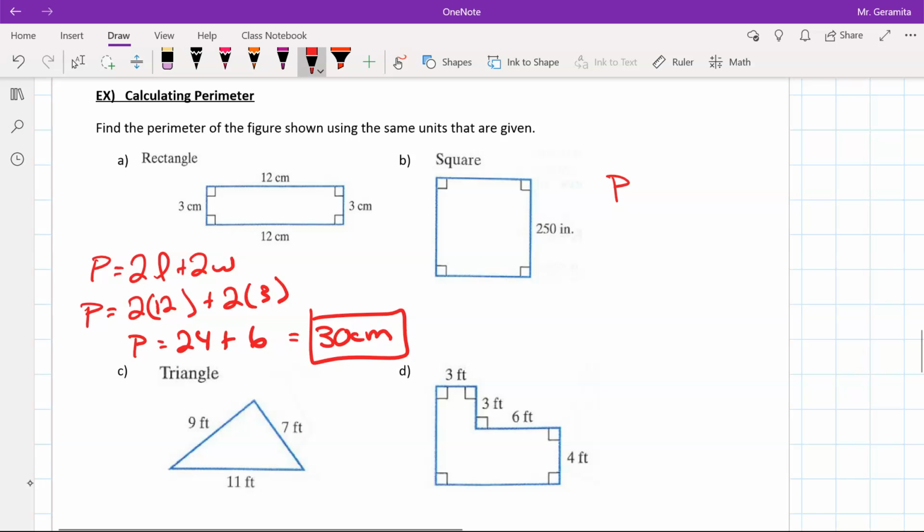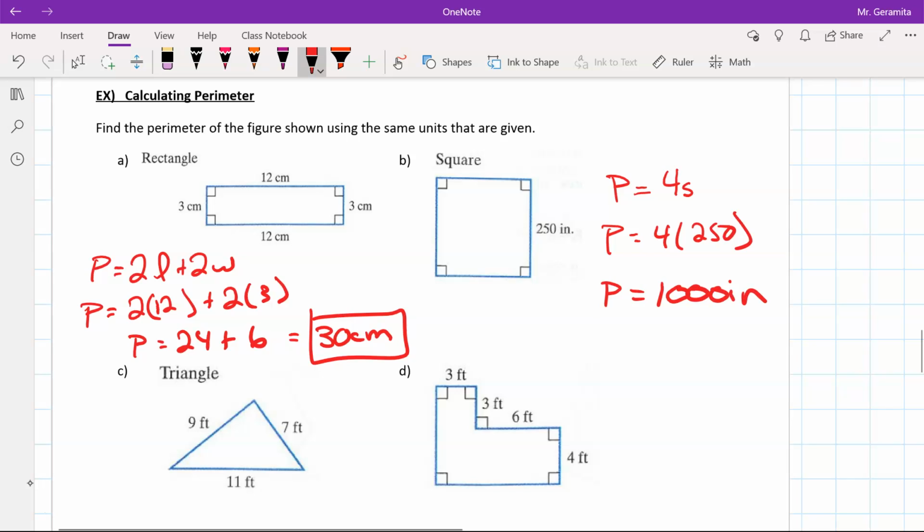The perimeter for a square is going to be equal to 4s, 4 times the side length. So the perimeter for this is going to be equal to 4 times 250. 4 times 250 is like having 4 quarters. So that's going to be 1,000 inches.